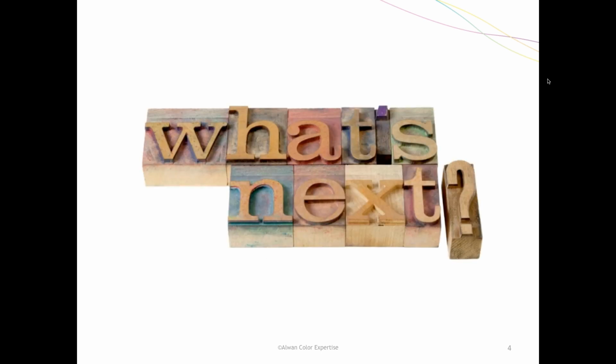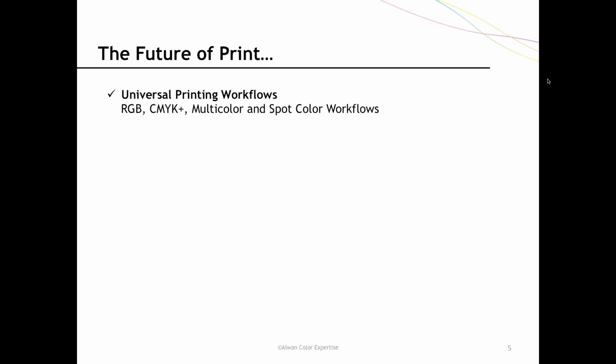What we would like to show you today is how we can address a printing workflow today and in the future. We call our workflow the universal printing workflow. It is universal because it's a workflow that can handle RGB, CMYK, spot color, and multicolor printing processes.